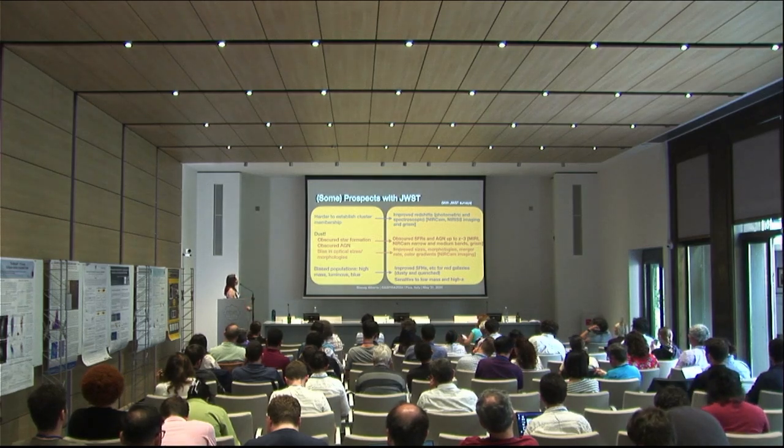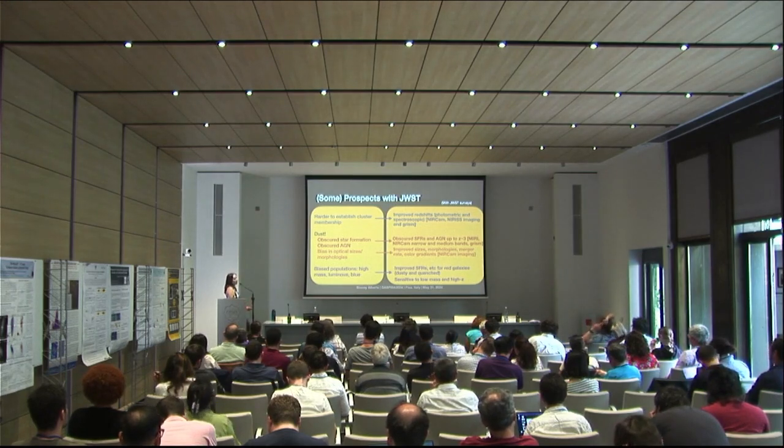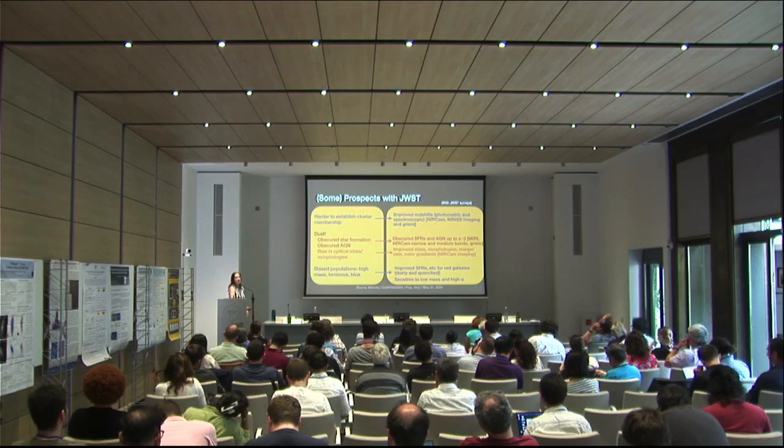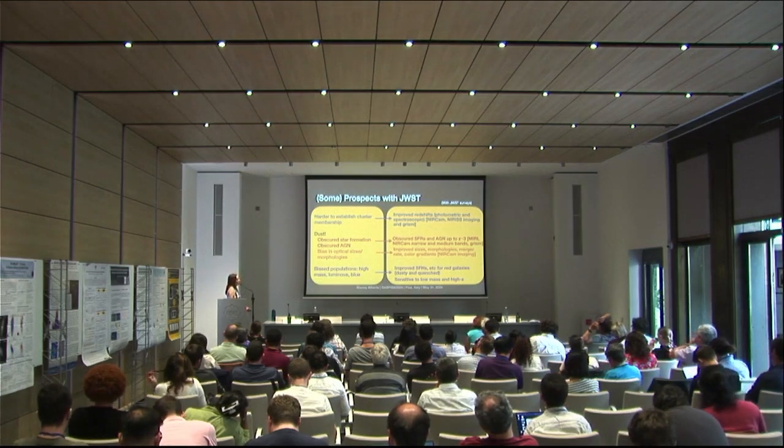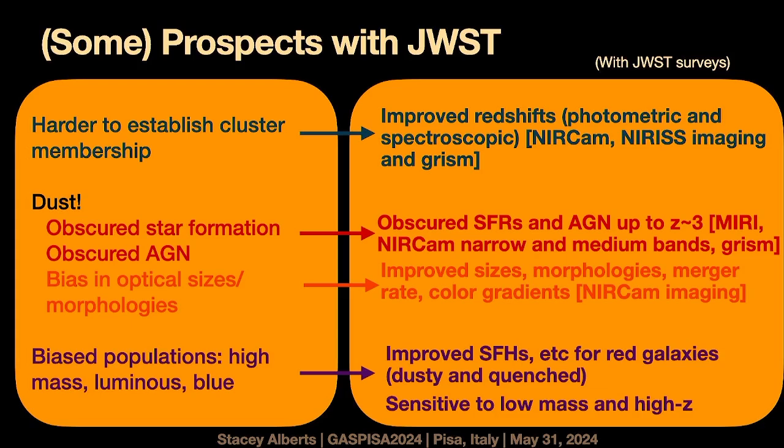So I'm focusing on the ones where you can actually survey a little bit. So improved redshifts. On the dust side of things, we can get obscured star formation rates and AGN. We can identify obscured AGN really well up to redshifts 3 or so. So this encompasses that 2 to 3 range where we want to look for the transition from protoclusters to clusters. And then I'll go into that a little bit more.